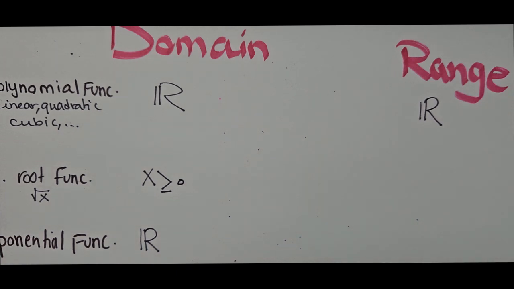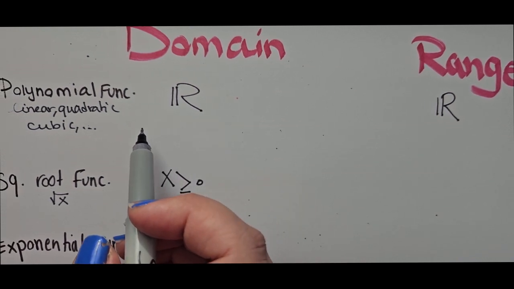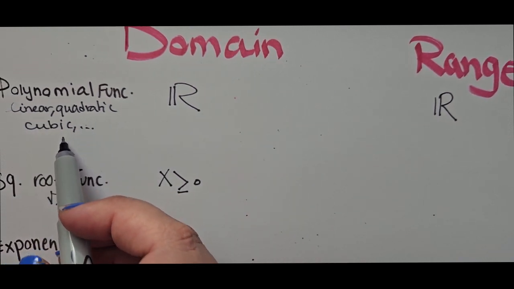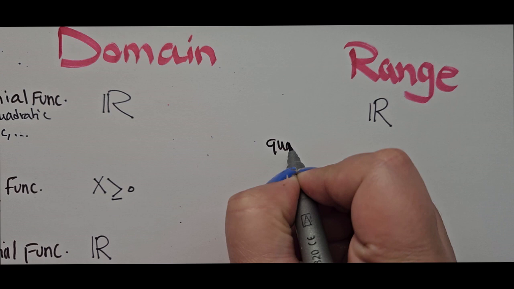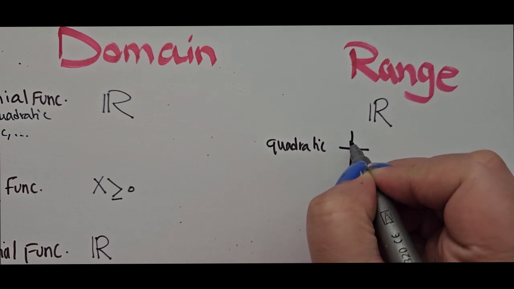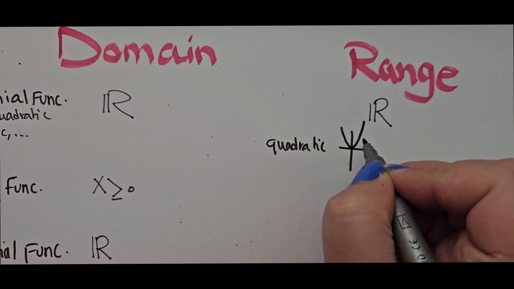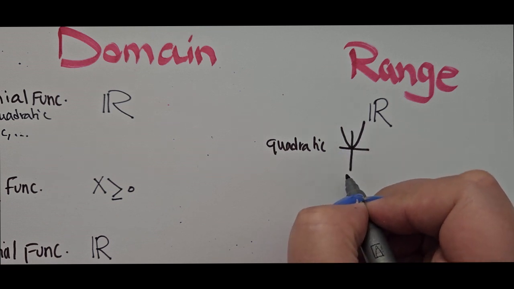Now for the quadratic function, remember when we talked about the domain, I included linear, quadratic, and cubic, but here I just want to open a side note for quadratic, because if you remember, the quadratic is U-shaped, right? So this vertex could be either at 0, 0, or it could be shifted up or shifted down.